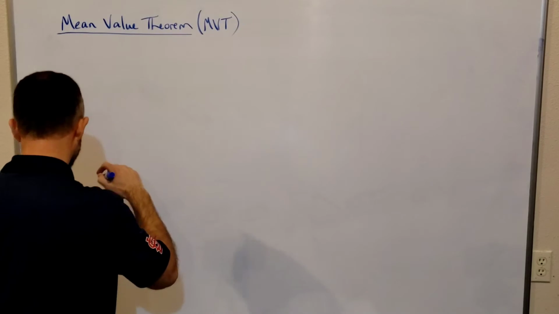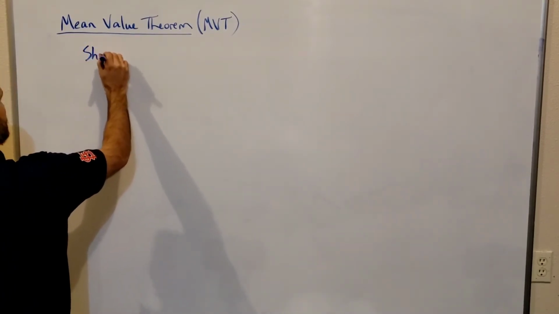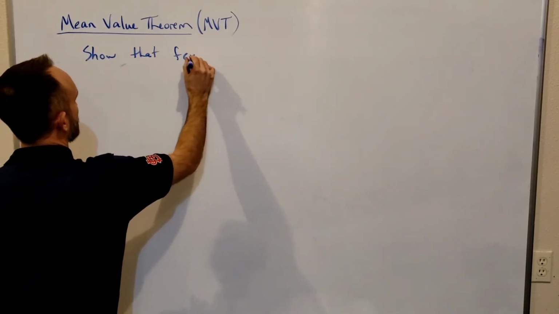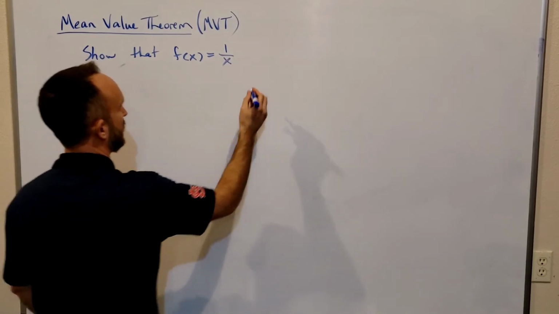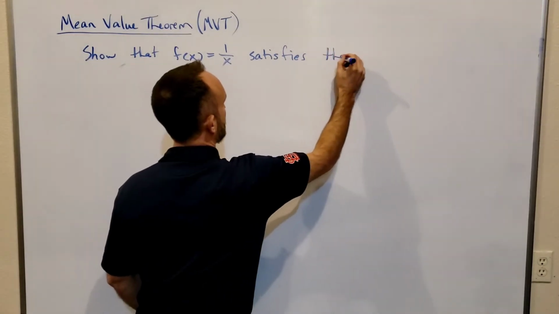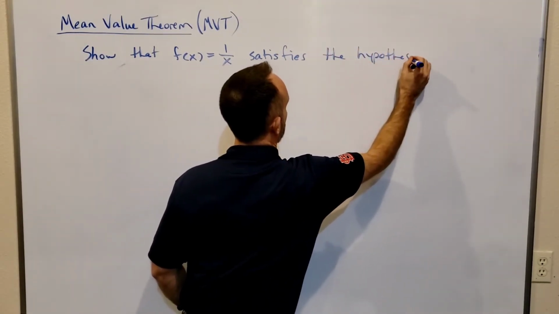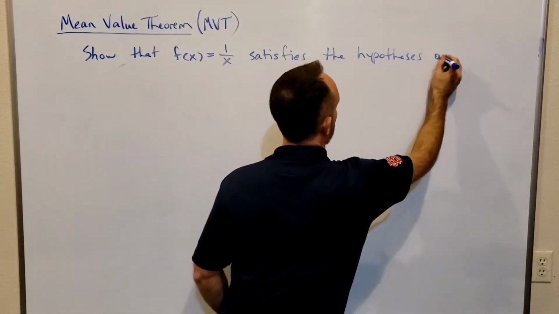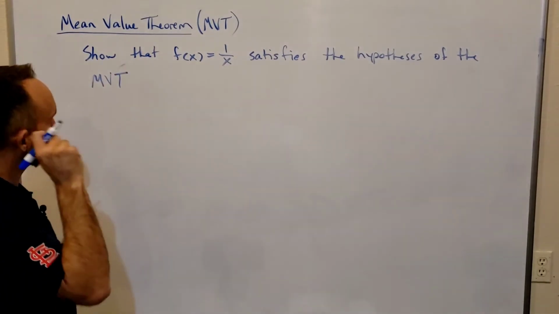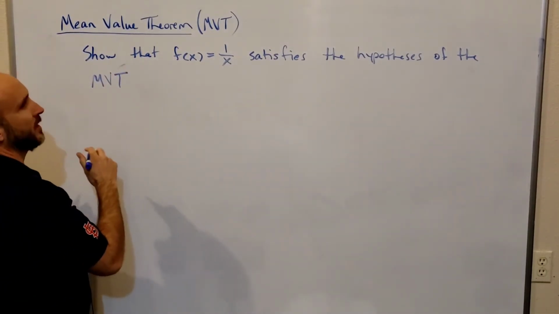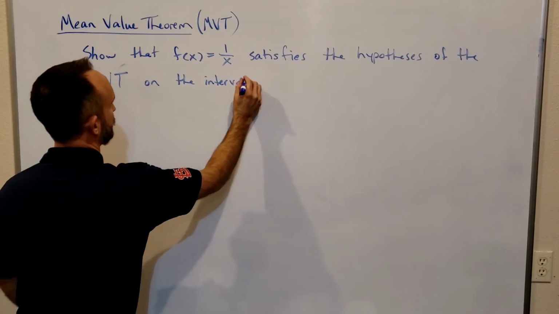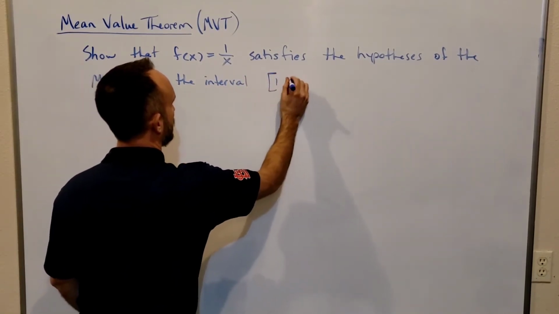Let's show that f of x equals 1 over x satisfies the hypotheses of the MVT, mean value theorem, on the interval, let's say the closed interval from 1 to 3.